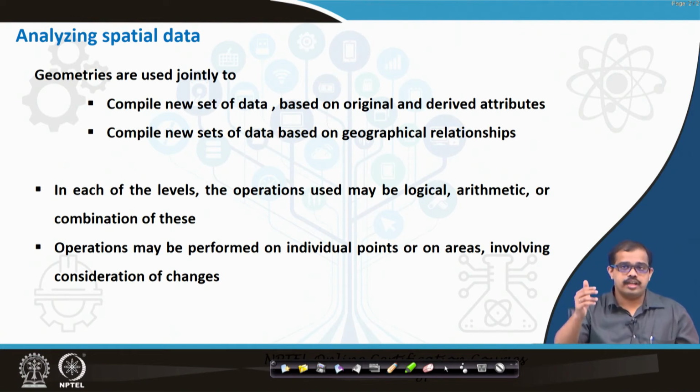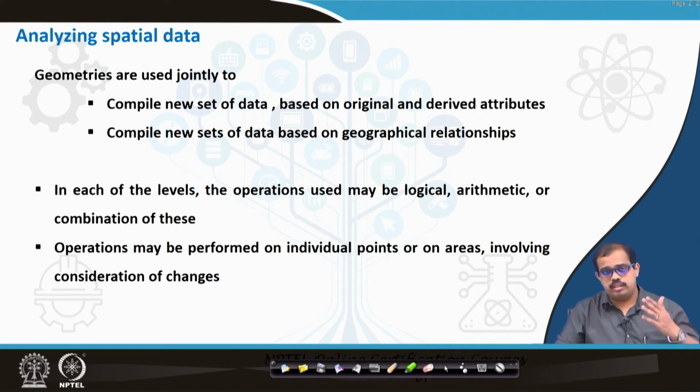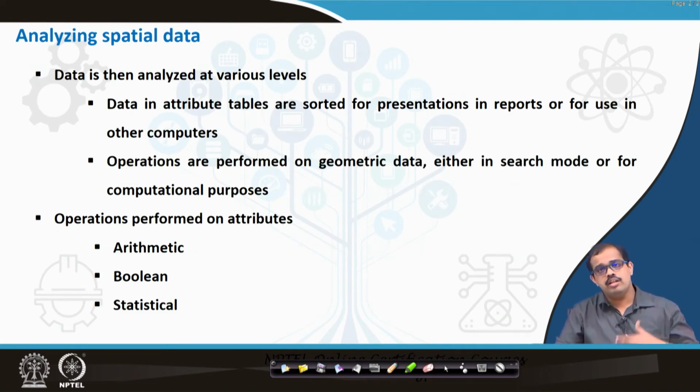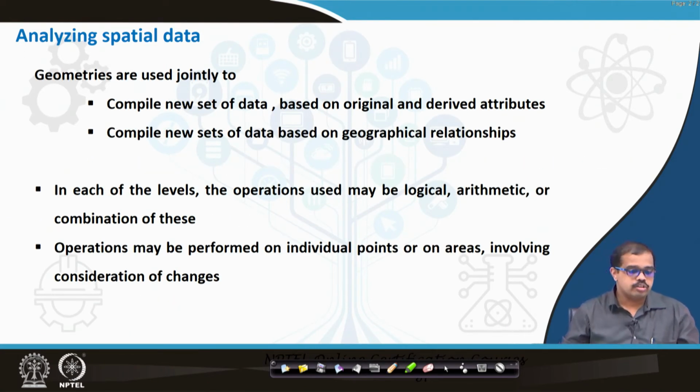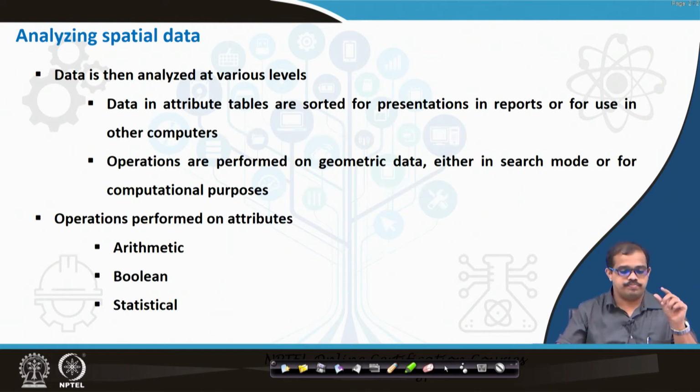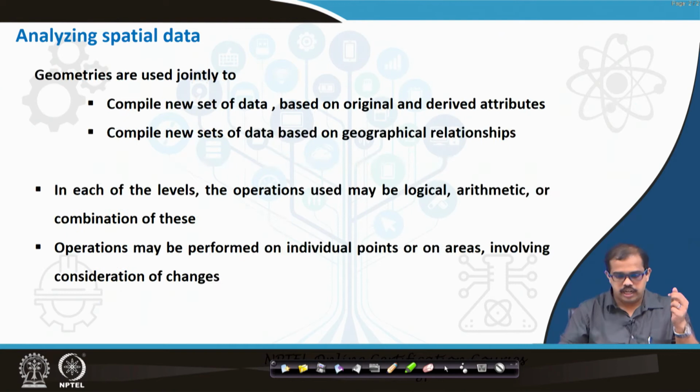So, when I am looking at those operations, it is either arithmetic, Boolean or statistical. Okay. The very important aspect that I spoke about in the previous slide is geometric data. When I say geometric data, it is associated with the geometry, shape of a particular area, object or any of the aspects that we have captured.